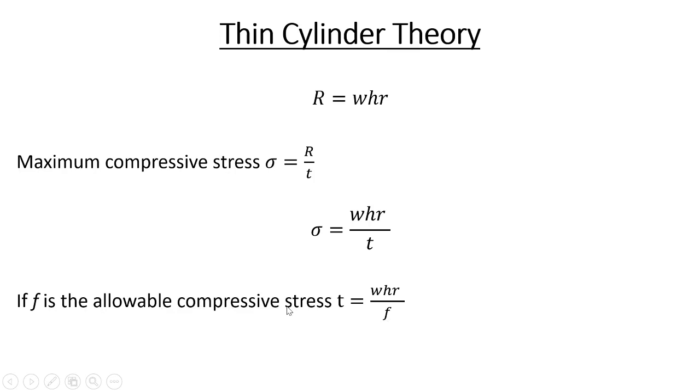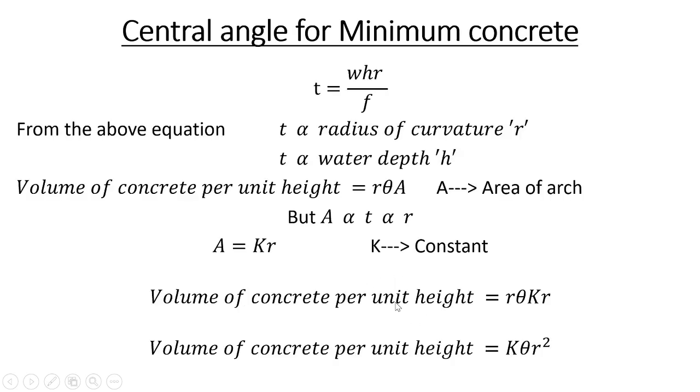So, concluding the thin cylinder theory, according to thin cylinder theory, the thickness of the arch is equal to WHR divided by F. Now going to the next portion, that is central angle for minimum concrete.